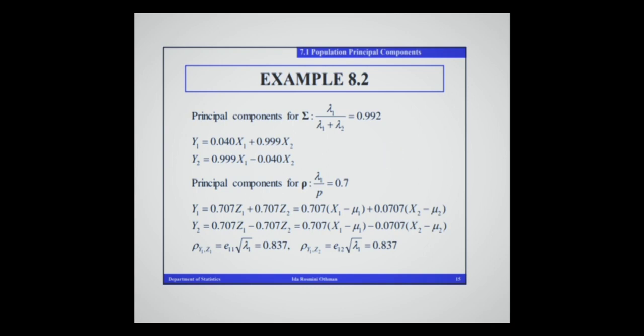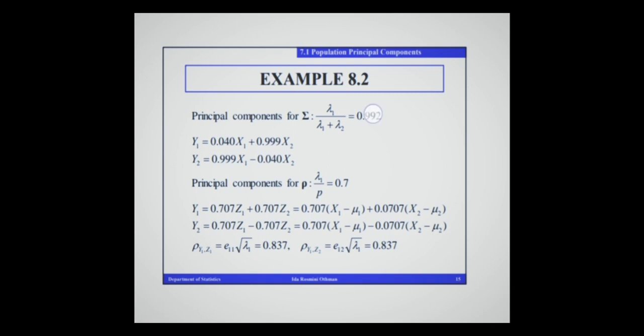Okay, and then you should also know the number of PCs, or the number of principal components to be used, is based on a cumulative percentage value of at least 70%. So in this case, we test the first principal component first. The value is 0.992. So we say that only the first principal component is needed to replace the variables. Let's say if you test lambda 1, the first principal component, you get only 0.3, let's say.